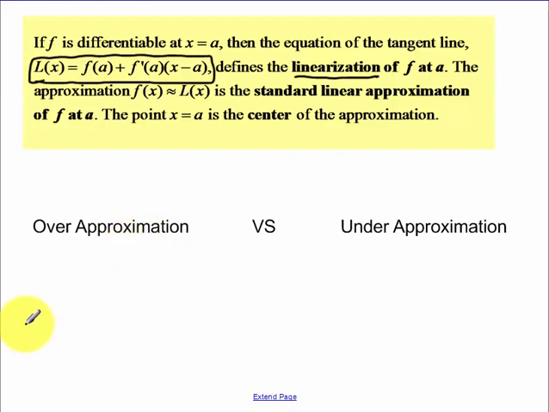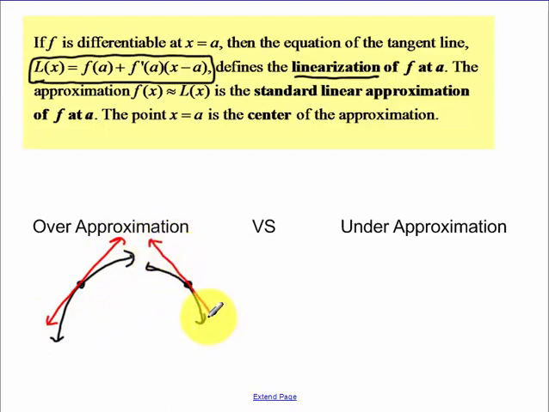Now let's talk about over approximation and under approximation. Over approximation all has to deal with concavity. When we are concave down, say there is our point of tangency we're using to approximate. There's my tangent line.